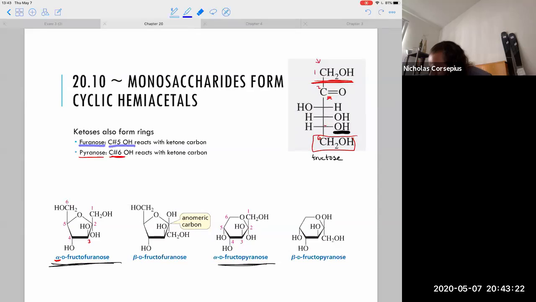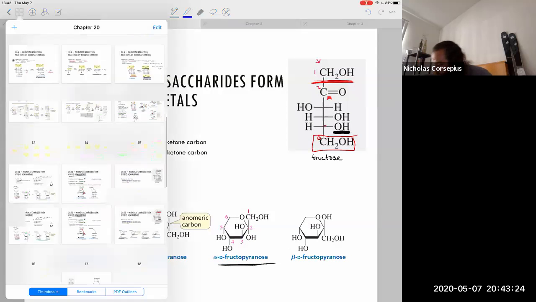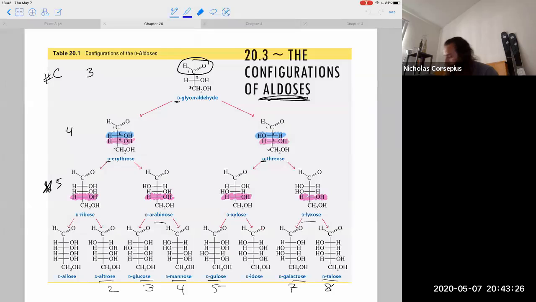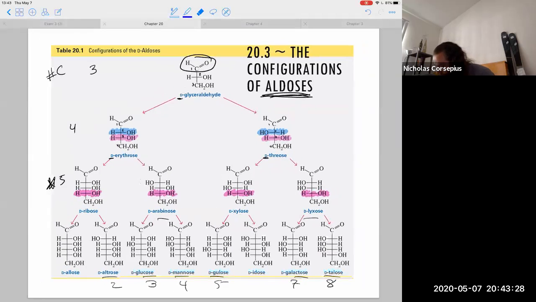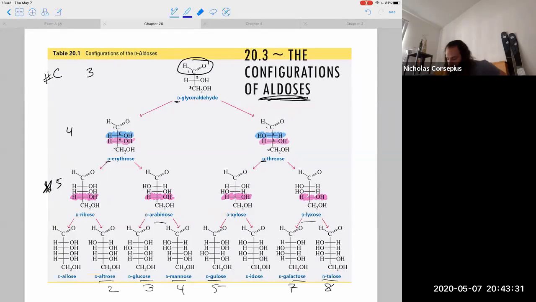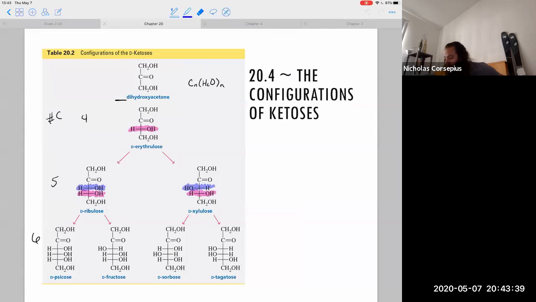All right, so let me just rewind back real quick and show everybody previous slides, right? We learned about what? There are 8 different types of hexoses and 4 different types of pentoses for your aldoses, right? As well as a plethora of different ketoses.